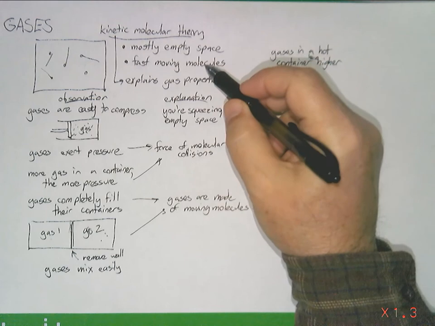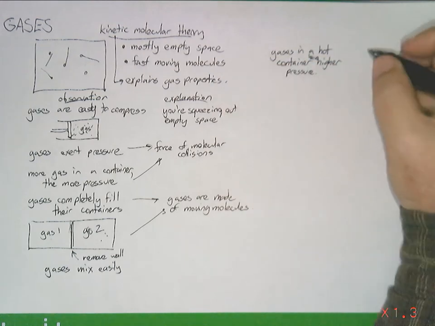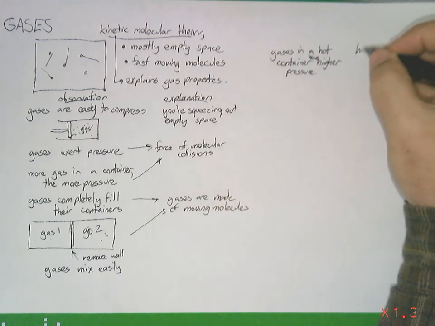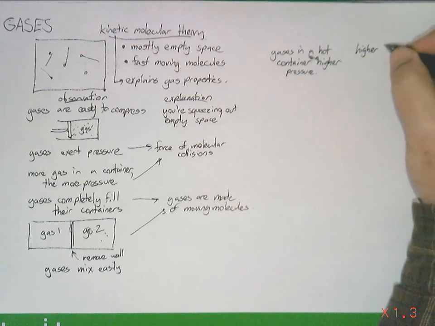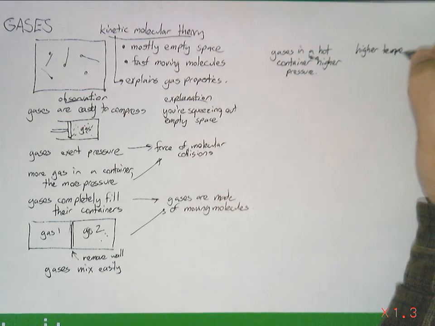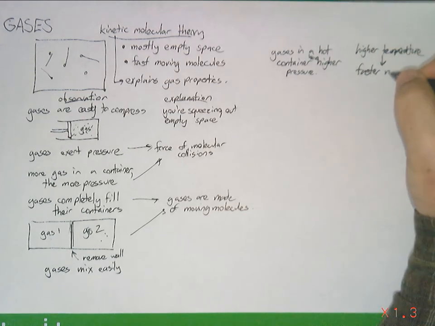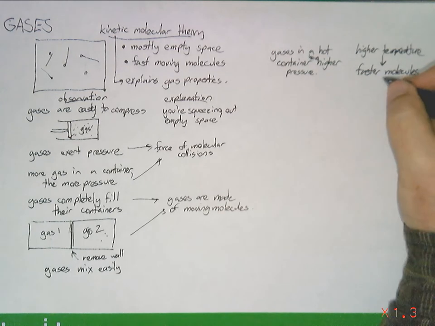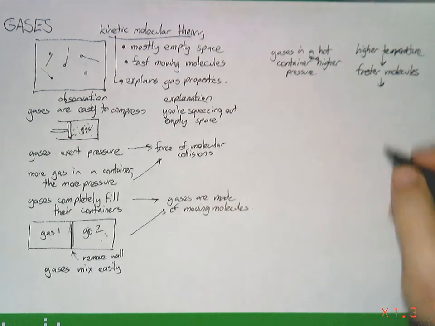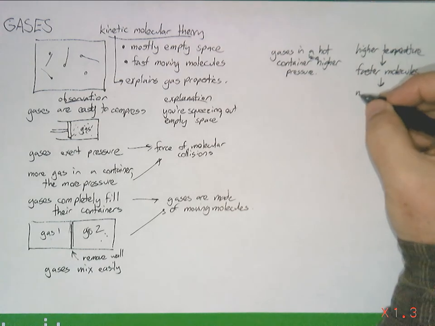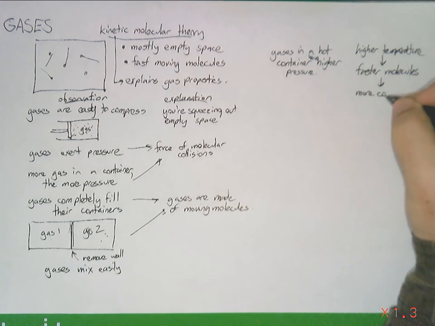This has to do with the fast-moving molecules again, but higher temperature leads to faster-moving molecules. And if you've got faster moving molecules, that'll be more collisions and more pressure.